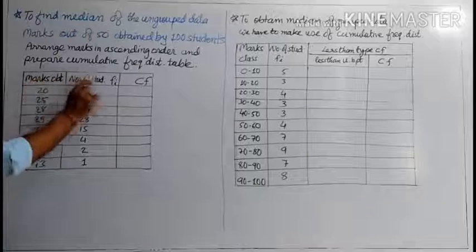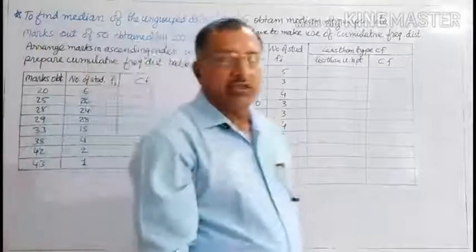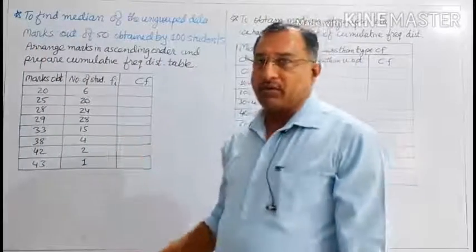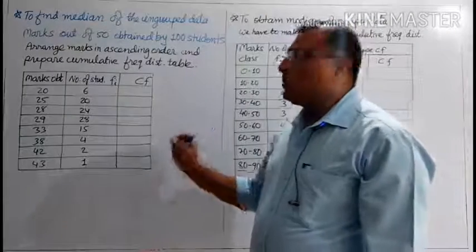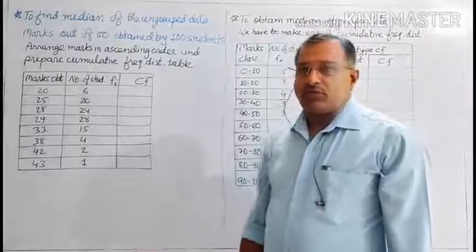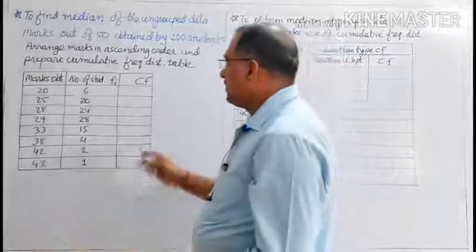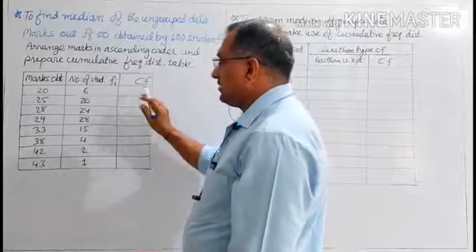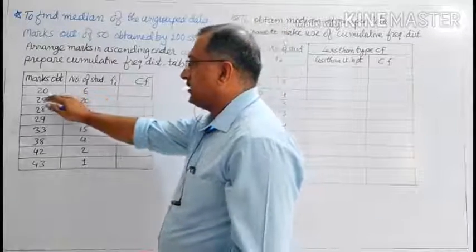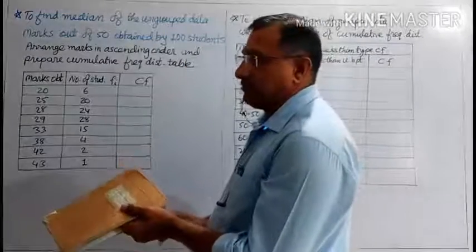So now prepare the cumulative frequency distribution table. After arranging them in ascending order, we have to go for cumulative frequency distribution. What is cumulative frequency? That means marks obtained by the students, 20 marks or less than that.